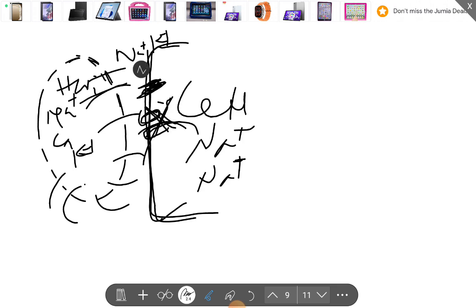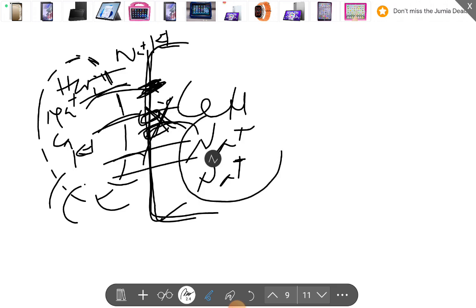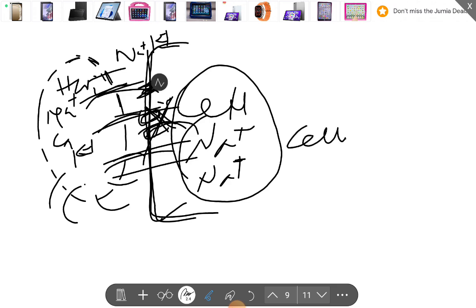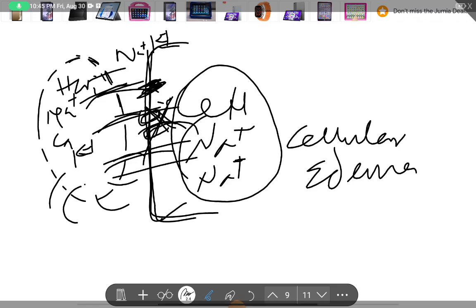So due to the accumulation of sodium at the cellular side, this osmotically active substance pulls water inside. This can lead to cellular edema. So that's just a basic principle there.